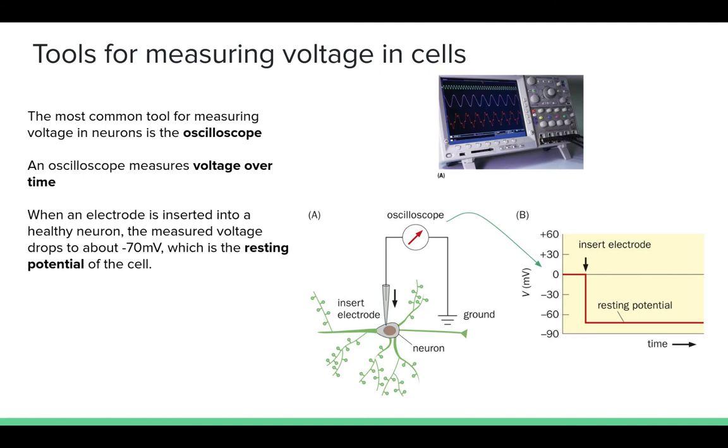So I want you to imagine we had a setup here with an electrode hooked up to an oscilloscope, and at the beginning, we kept the electrode outside of the cell. What that would mean is that we'd be measuring the difference in voltage between this part of the extracellular fluid and this other part of the extracellular medium.